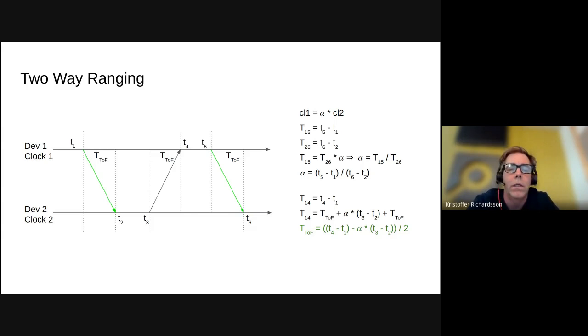So if it flies with like 1 meter per second, it's going to move maybe a few millimeters. So that's fine. We also assume that the clocks are not drifting. The frequency on the clocks is not changing in this time interval. They're going to change over time, but it's a fairly slow process. So within a few milliseconds, they will not change the frequency.